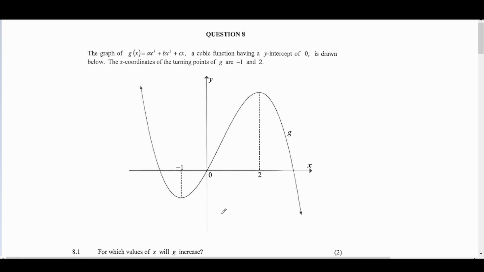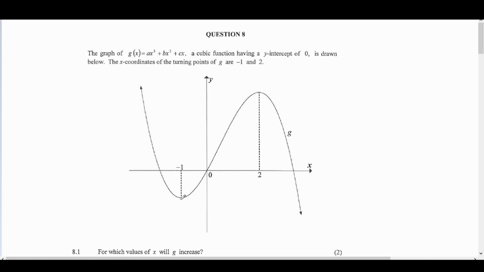If we look at our graph over here, we can see that it's decreasing since it's coming from positive infinity in the y, and it continues to decrease, and then it stops at the turning point. So from minus 1 over there, it is now stationary.